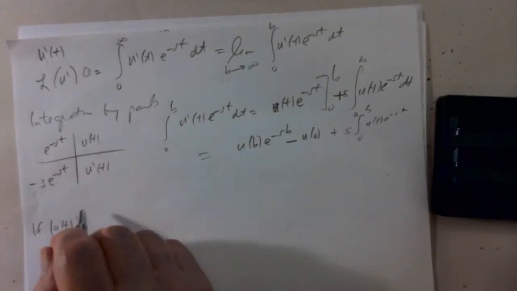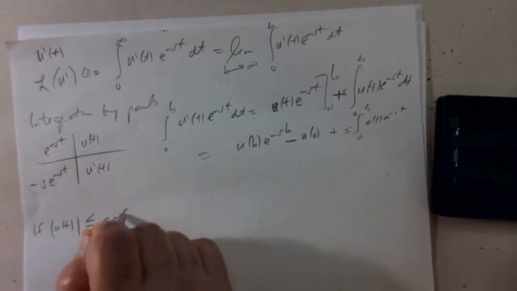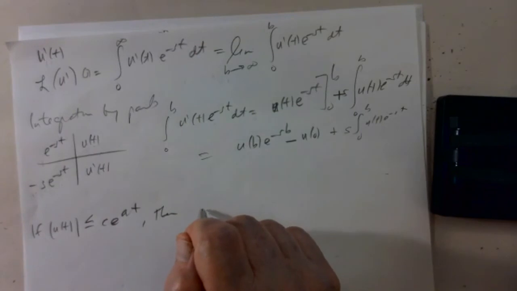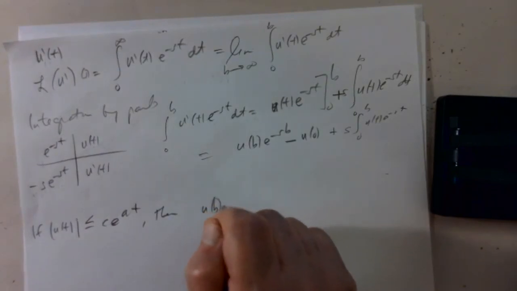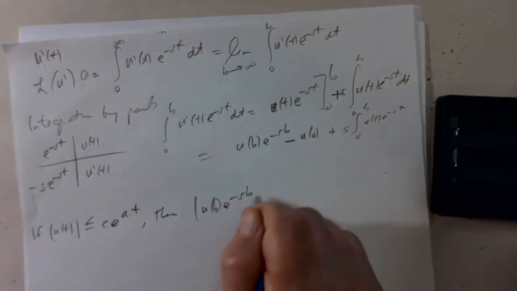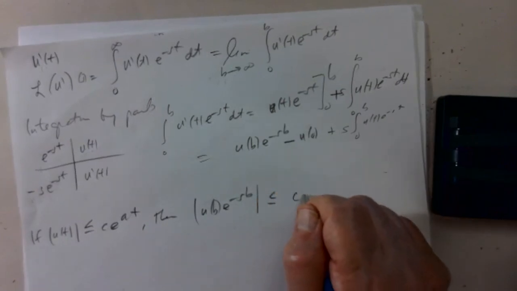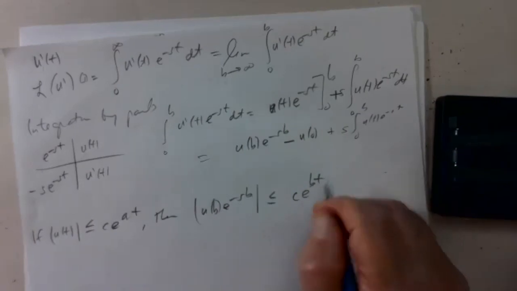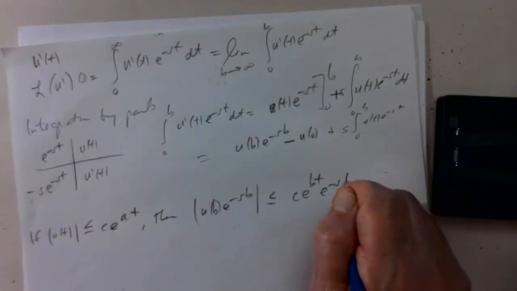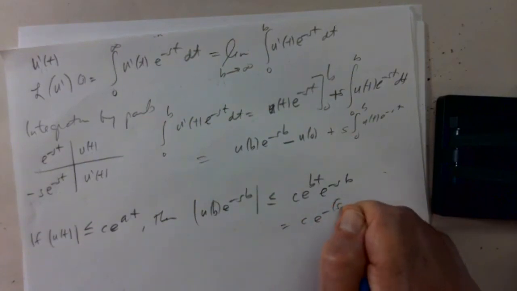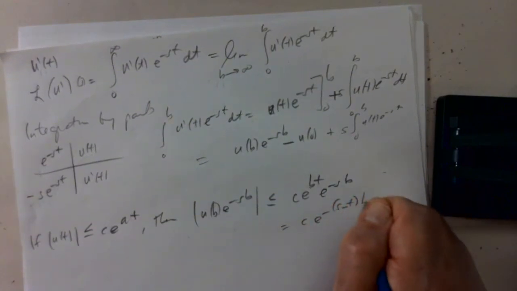If u of t in absolute value is less than c e to the at for t big enough, then u of b e to the minus sb in absolute value is less than c e to the ab times e to the minus sb. That's c e to the minus (s minus a) times b.